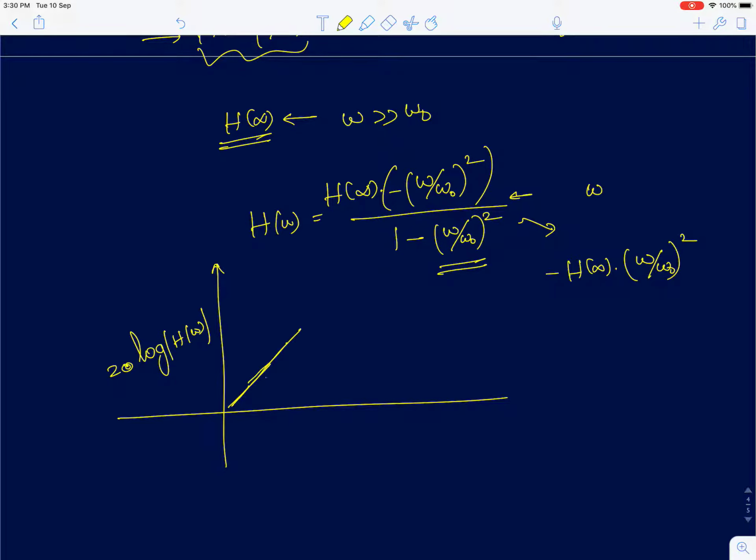So this is going to rise with a slope of 40 dB per decade, and at omega equal to omega naught, it's going to reach infinity. Now for omega much greater than omega naught, this function is eventually going to reach a finite value, which is h of infinity. So this is 20 log of h infinity.